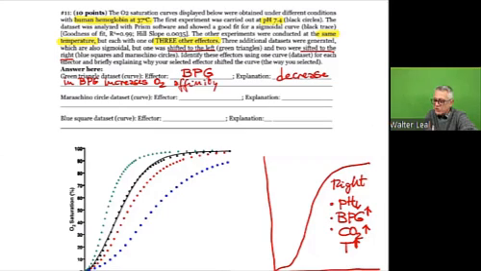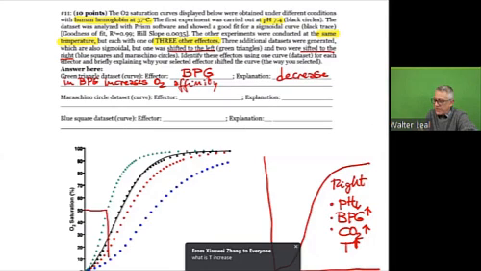For the other one, let's pick either CO2 or pH, it doesn't matter. One for each, right? So we have to write down, let's pick CO2 for this one. So we have three of them and they change in the same way, so we have to pick one for each.